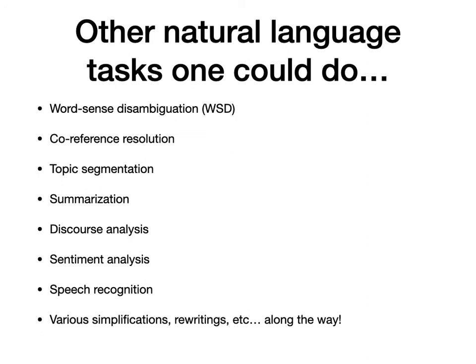What's the sentiment? Is this positive, negative, heated, angry, sad, etc.? Recognizing speech patterns, so taking something that's not raw text and turning it into text. And all kinds of stuff, all different ways of simplifying or rewriting or anything else along the way. These are the kinds of tools that we will talk about. We won't get through all of them, but I hope it's clear how walking through that last process helps us see how you could do this in a computer, and you could use it for something fascinating.